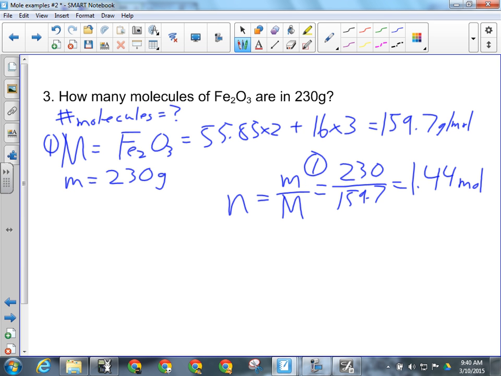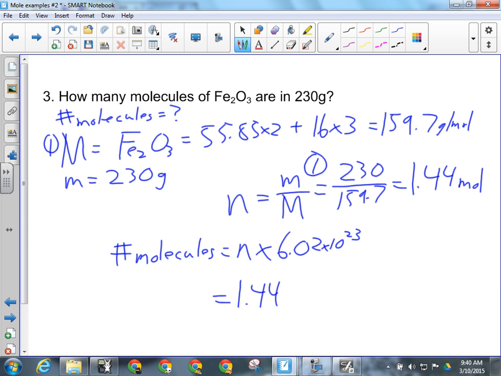I know the number of moles and the number of molecules in a mole. So n times 6.02 times 10 to the 23, that means 1.44 times 6.02 times 10 to the 23. We would get another mark for that step.